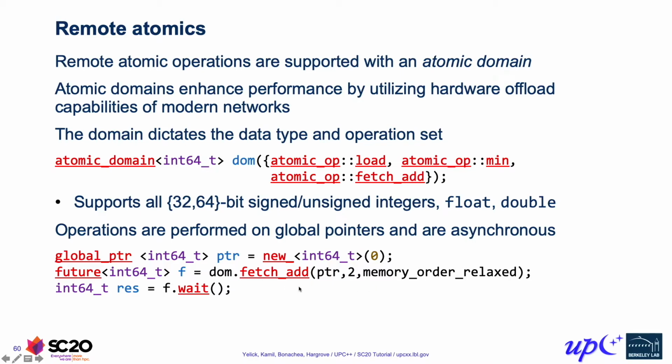Now this is an asynchronous operation, even though it's atomic, so this initiates it and we get back a future that encompasses the result. In this case, this is a fetch operation, so we get back the old value. If we wait on the future, then that gives us the value itself, which in this case, if no other process has modified it in the meantime, will be 0.